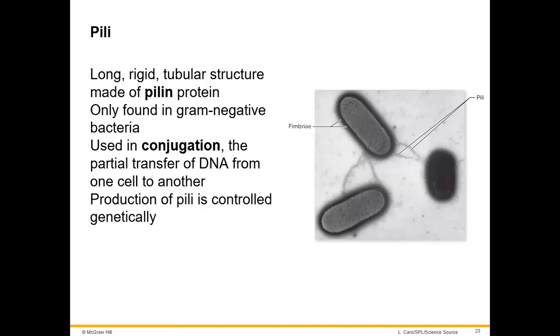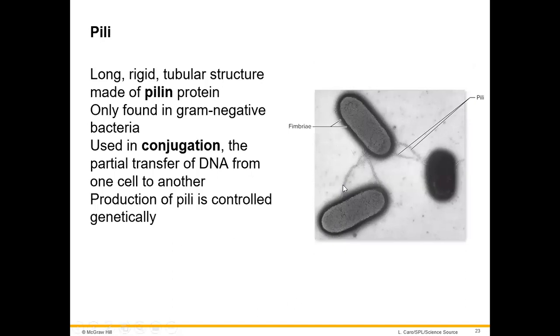Pili, and we're going to talk more about these in the genetics part and in DNA technology. The pili are long, rigid, tubular structures of pilin protein. Only gram-negative bacteria have them. They're used in a process called conjugation.